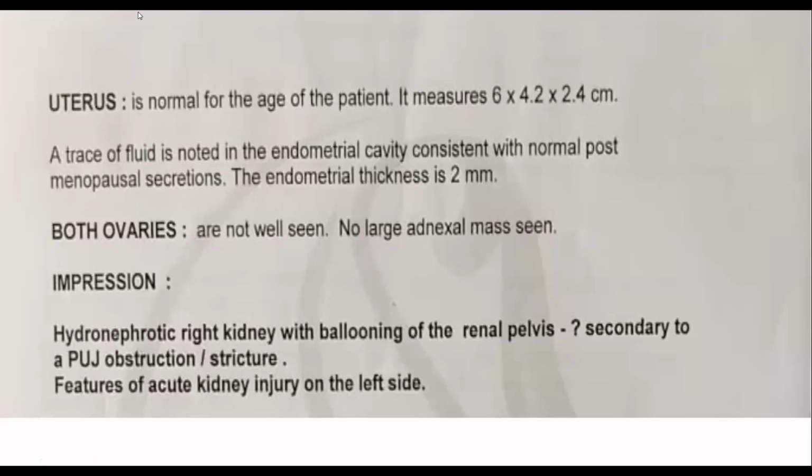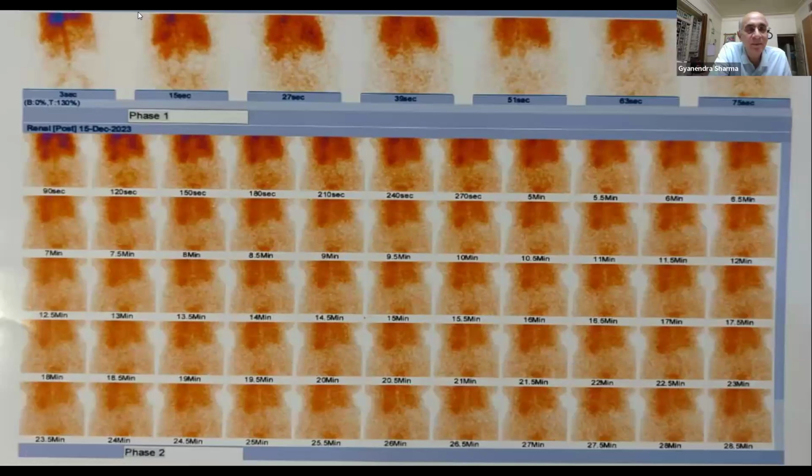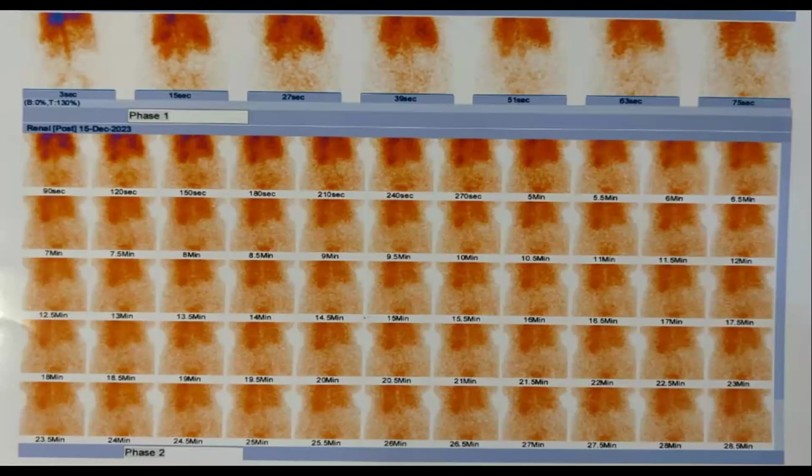So show them the DTPA renal scan at that time. Cannot make out anything. Difficult. Show the other film. Next one.